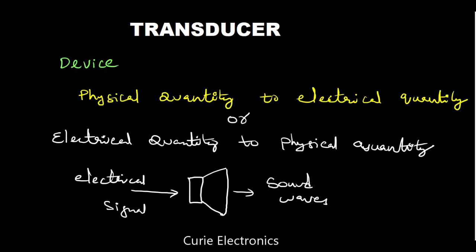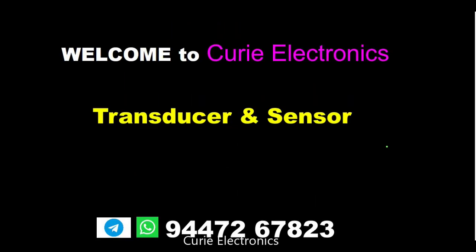That means electrical signal to sound waves, or electrical signal to a movement like a solenoid, or it could be a motor. All these we can say as transducers. But sensors are transducers, but they only function as input devices.